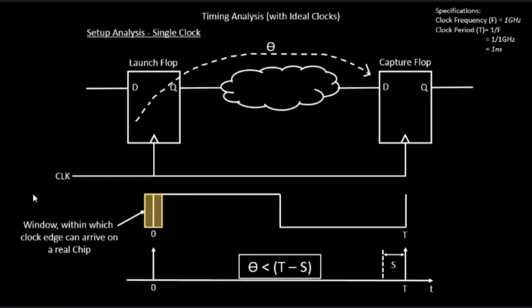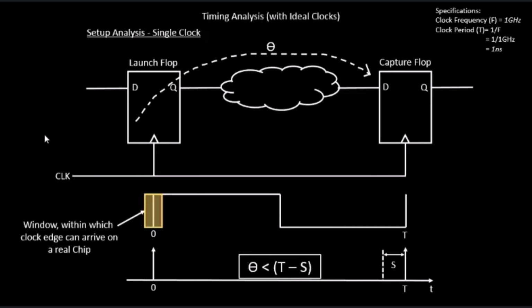That clock source is expected to send the clock signals at exactly 0, t, 2t, and all those time periods. But the clock circuitry that is being built over here, or the phase locked loop, basically any clock source which is sitting over here, is again made on some real chip, on some real circuitry.